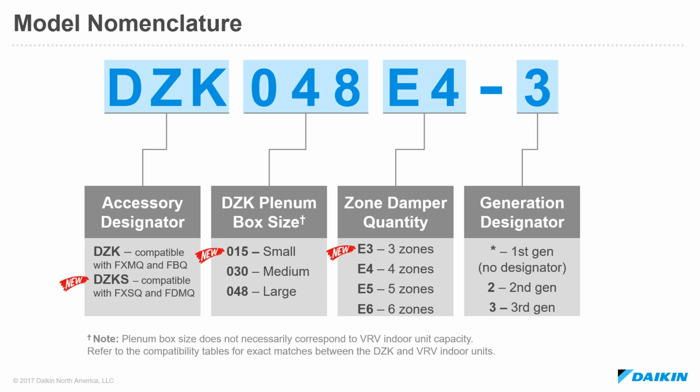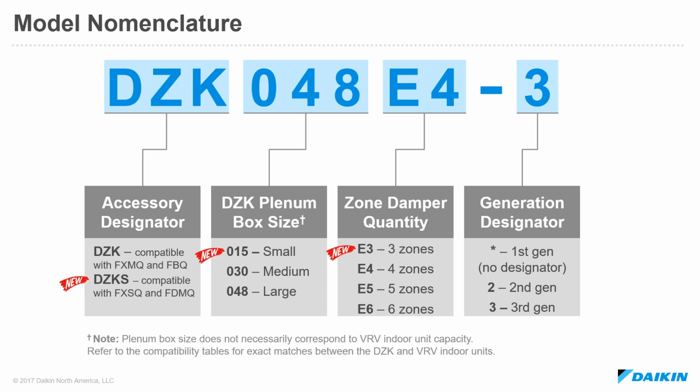With the introduction of the DZKS, we've introduced a 3rd, small chassis plenum box size, the 015. There's a small, a medium, and a large. You'll see the star cross note there on the screen.